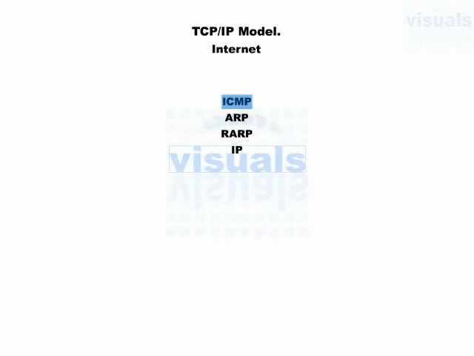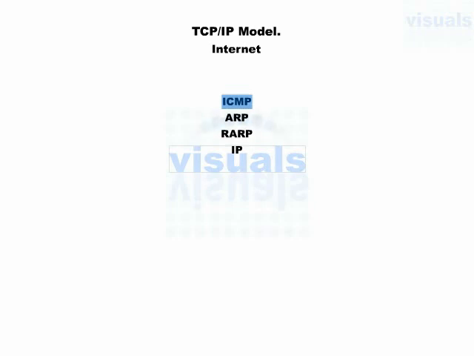ICMP performs its task using IP. It can be said that ICMP is a part of IP. ICMP is used for checking networking problems. There is a tool which is known as ping. Ping uses ICMP echo requests and ICMP echo responses for performing such tasks.